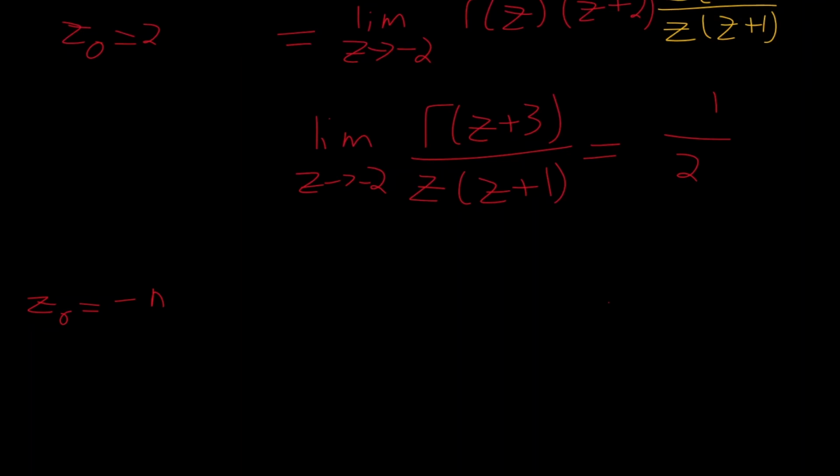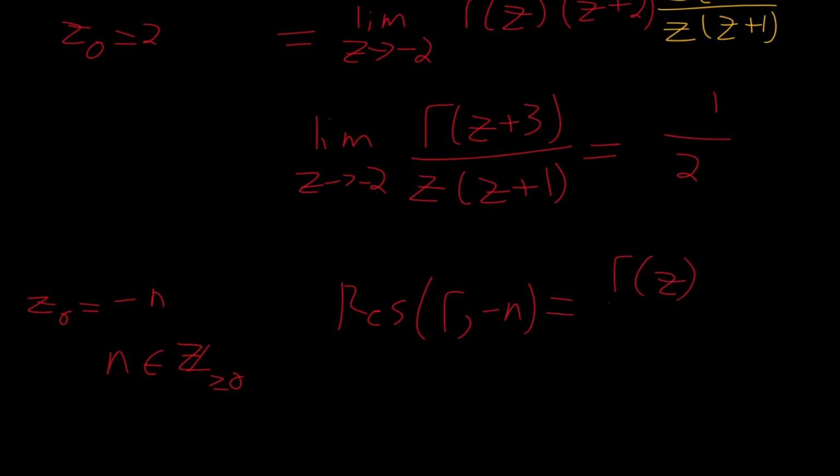If we let z0 equal -n, where n is a positive integer, so now it's greater than or equal to 0, the residue of gamma at -n is going to be equal to a limit out front: the limit as z approaches -n of z plus n times gamma of z. This is why I had the negative here, because that way we have z plus n.